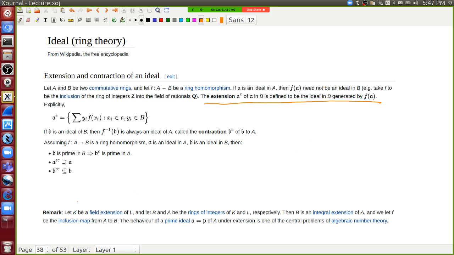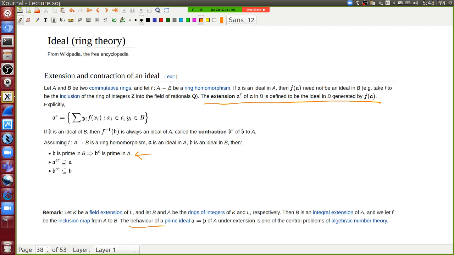And then we also have a contraction. The contraction of an ideal in B back to A is just its pre-image. Notice that if we have a prime in B, its contraction is prime in A. The converse is not true: that a prime in A has an extension that is prime in B. And the remark here: K is a field extension of L, B and A are the rings of integers, B is an integral extension of A, F is the inclusion map.